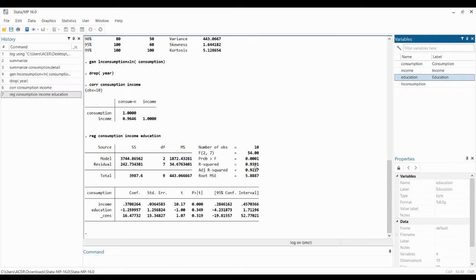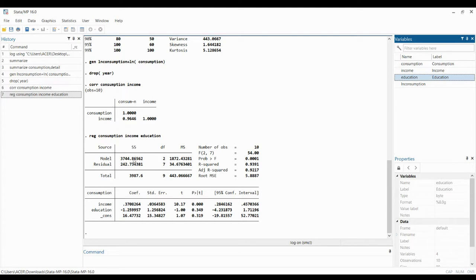Now this regression result has two parts. The upper part of the regression result represents the analysis of variance. So this is the ANOVA table that we are getting from the regression result. Now what is this table saying? This table gives us the total sum of square, which is 3987.6, that is TSS.